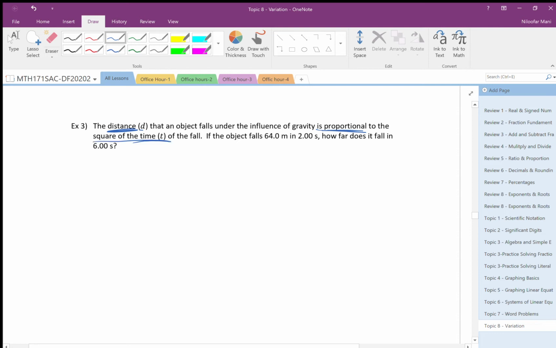Read the question carefully: square of t. So d alpha t squared. I didn't say t, no, a square of t. So d is kt squared.